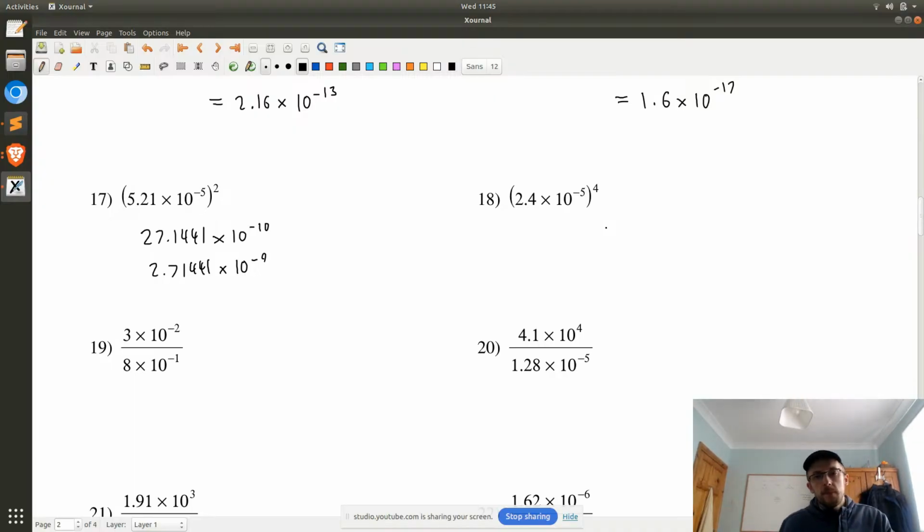2.4 to the power of 4. What's that? Well, that would be 5.76 squared, which is 331,776.